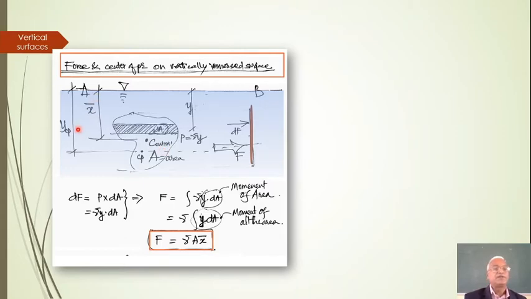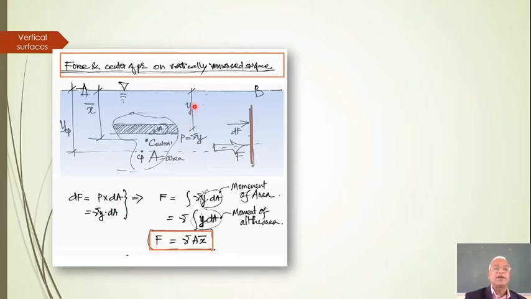In vertical surfaces, Y is vertical only, right? Here elemental area dA is considered, which is at a depth of Y, and the pressure at depth Y is gamma into Y. So this small force which is acting on this elemental area is dF, which is given by the pressure intensity multiplied by dA.